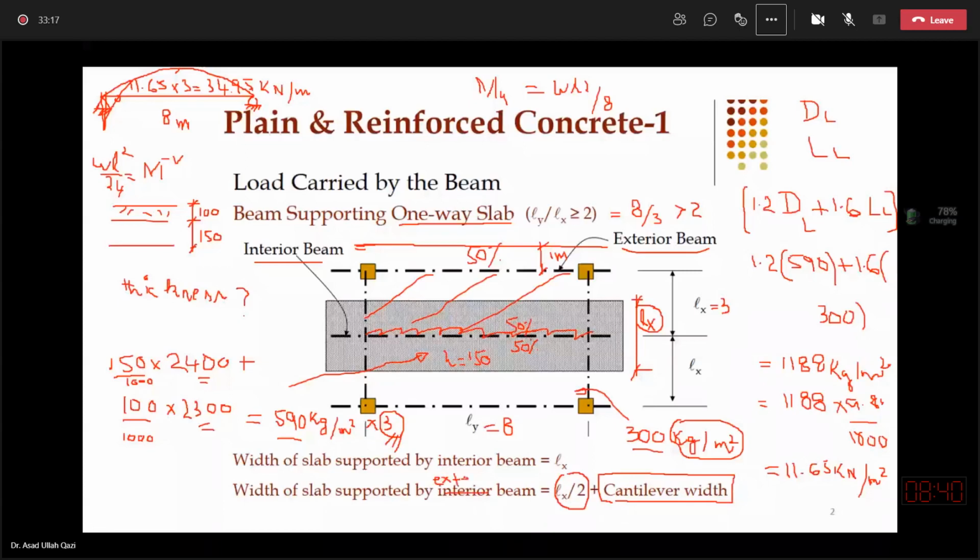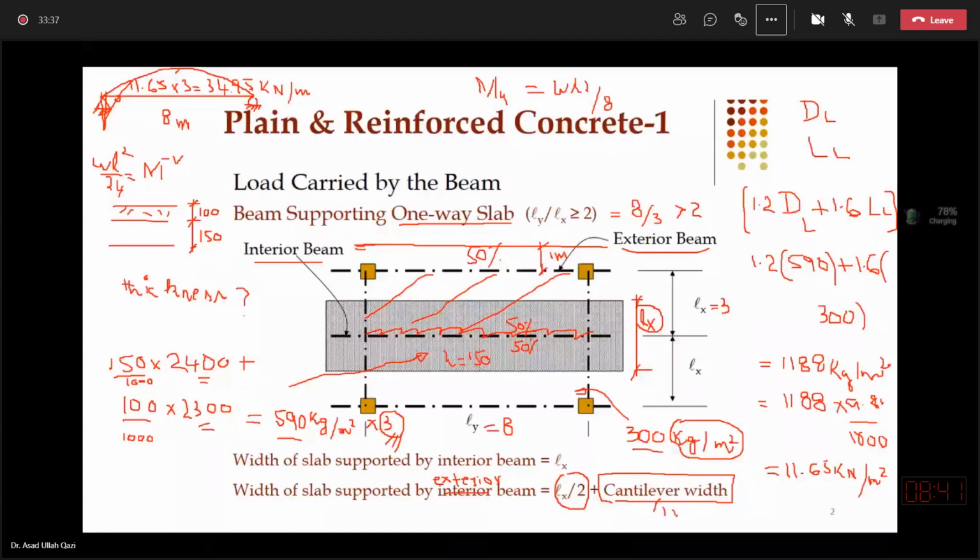For the exterior beam, 50% is actually Lx by 2 present. And then if there is a cantilever present and it has a length of 1 meter, that 1 meter will be included into that Lx by 2.